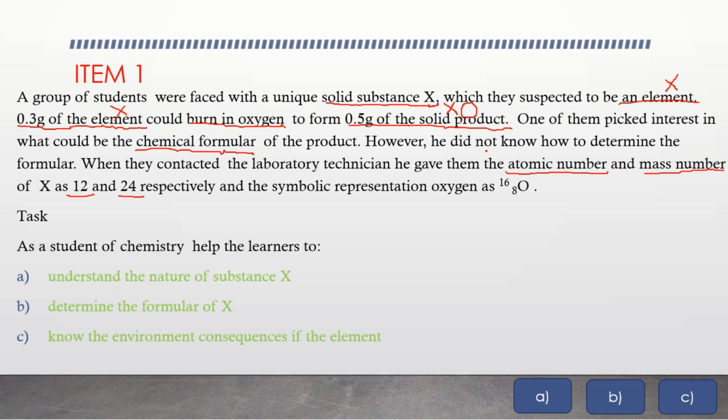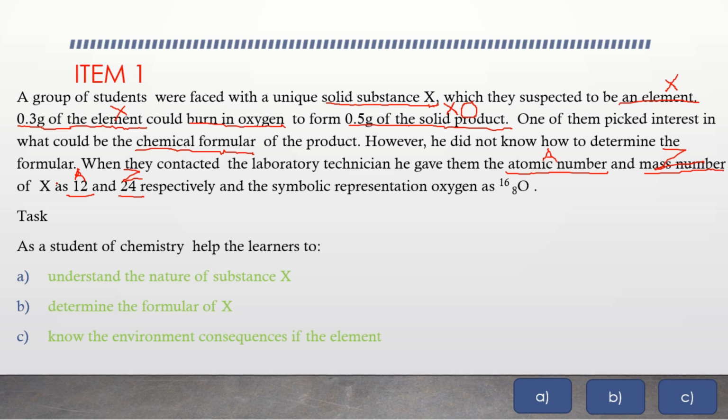Respectively meaning this 12 is the atomic number here, because 12 is the first to appear, and atomic number is also the first to appear. So respectively means in that same order. So we have A there, and then this one is the mass number. Also 24 is the second to appear as the mass number here.